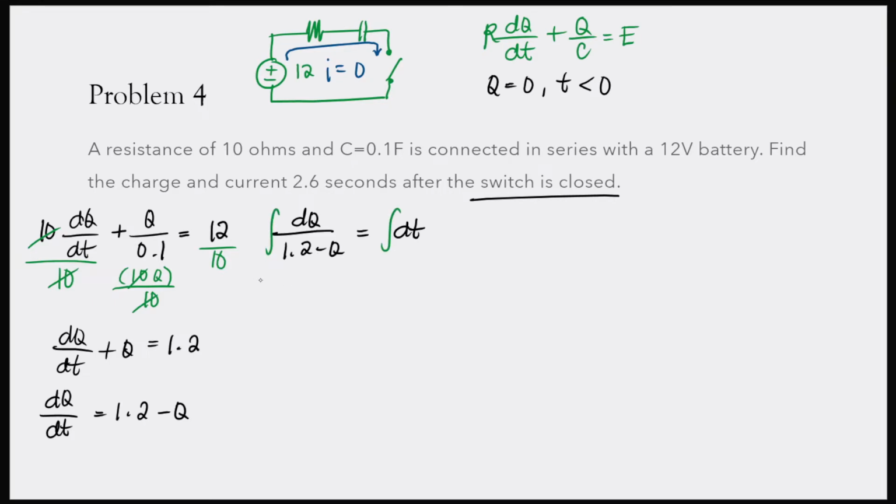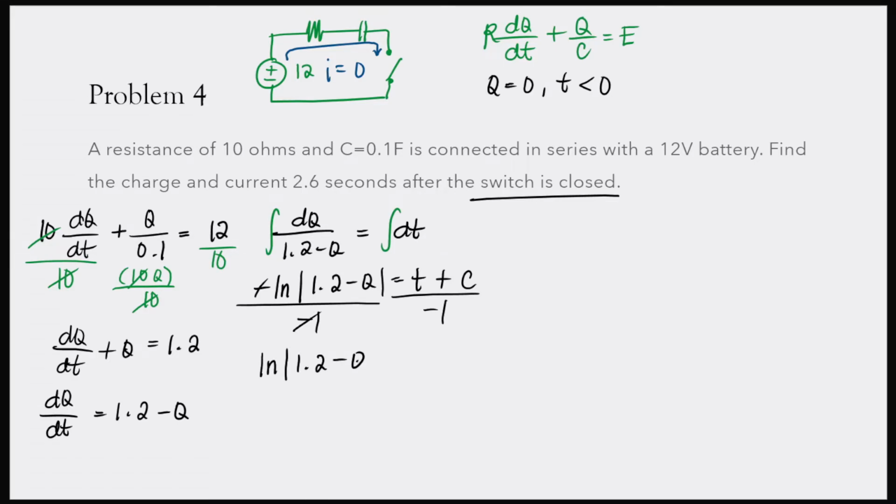So we'll have negative natural logarithm of 1.2 minus q is equal to t plus c. Then divide both sides by negative 1 so the negative cancels. Therefore, the natural logarithm of 1.2 minus q is equivalent to negative t plus c1. There is our first change in the arbitrary constant.